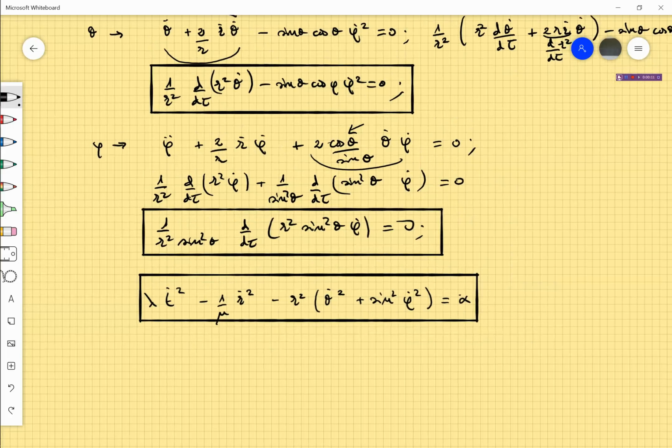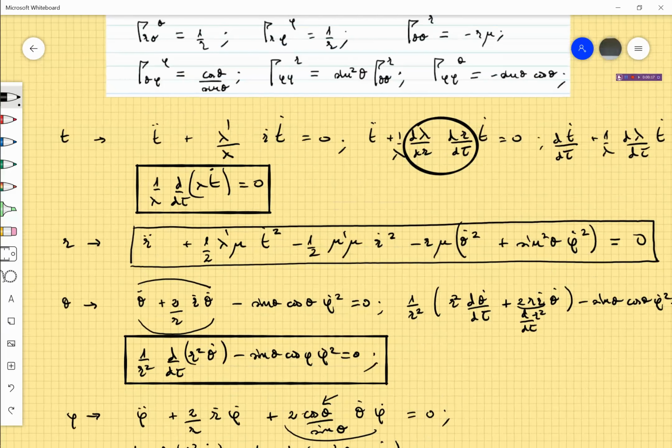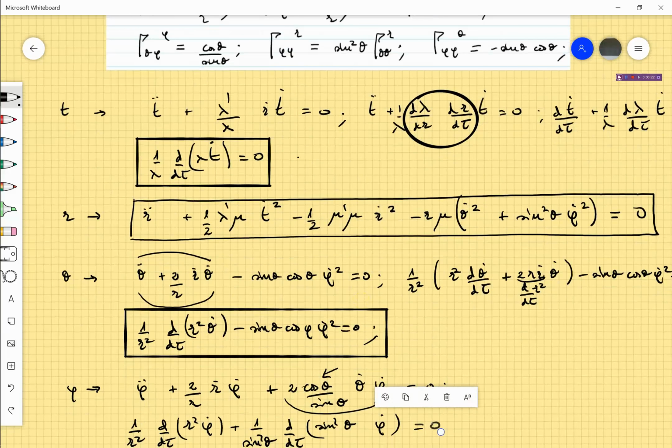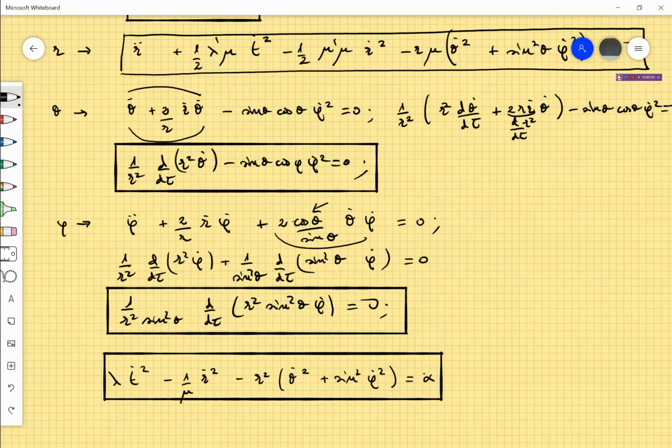Now we want to simplify this set of equations as much as possible, and we start by integrating those which can be immediately integrated, like the T component of the geodesic equation. That gives us that lambda T dot is a constant that we call epsilon, and whose meaning we will discuss later.